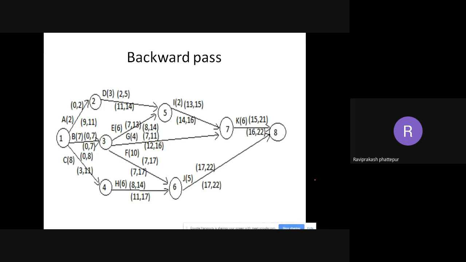After this class, you can draw the network diagram as big as required. Then you can mark the forward pass, backward pass, the activity, and the duration properly so that you don't get confused. I can only draw this much, not much bigger than this, because space is less.